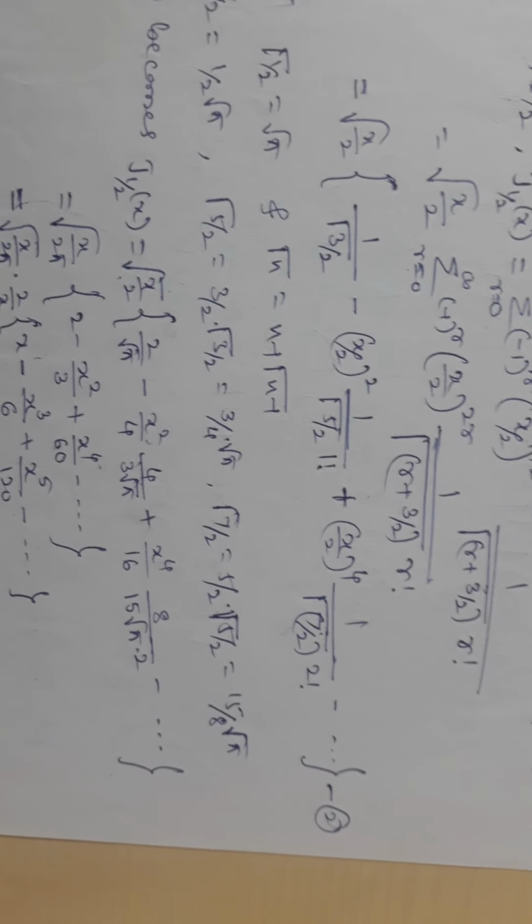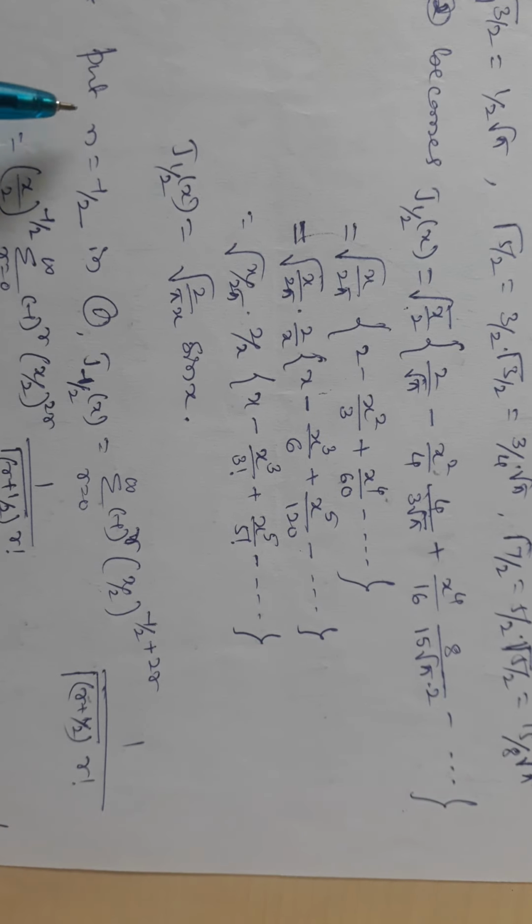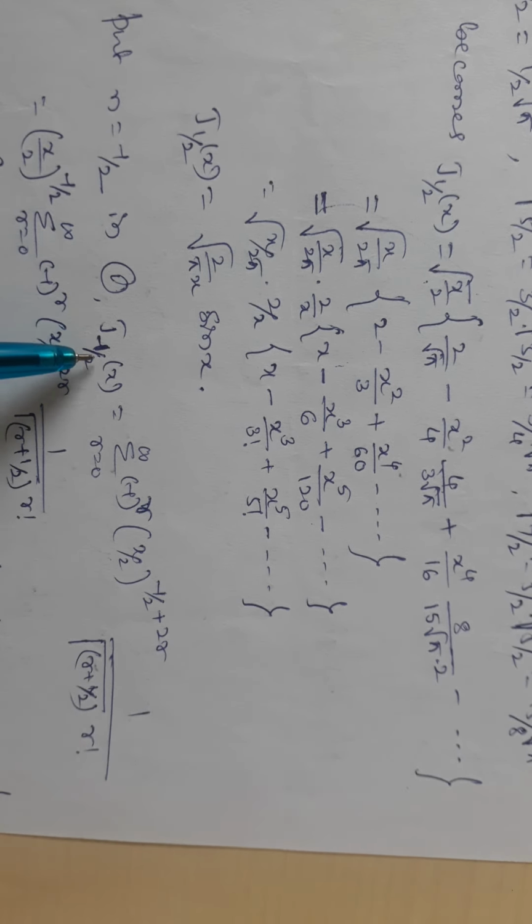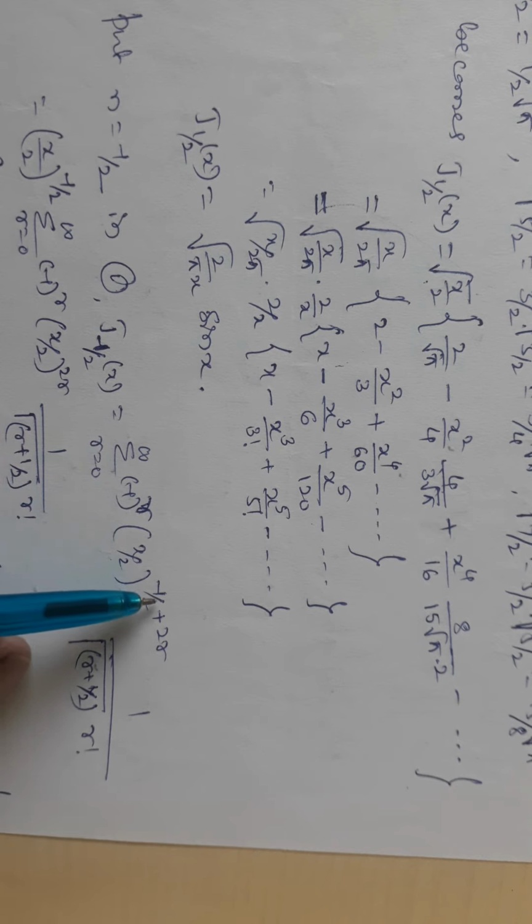Now to prove the second one, put n equal to minus 1 by 2 in equation number 1, we will get J minus half of x equal to summation r equal to 0 to infinity, minus 1 to the power r, x by 2 to the power minus 1 by 2 plus 2r, into 1 by gamma of r plus, by simplifying by putting n equal to minus 1 by 2, we get 1 by 2 into r factorial.